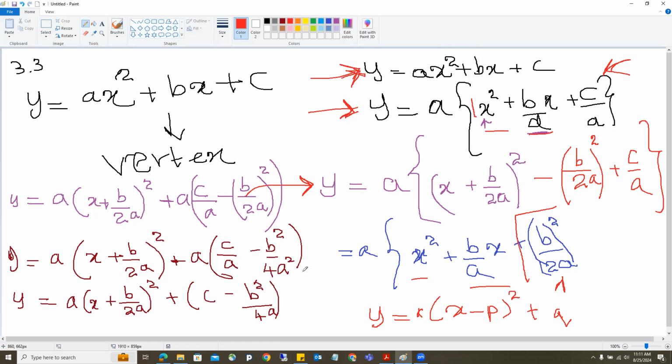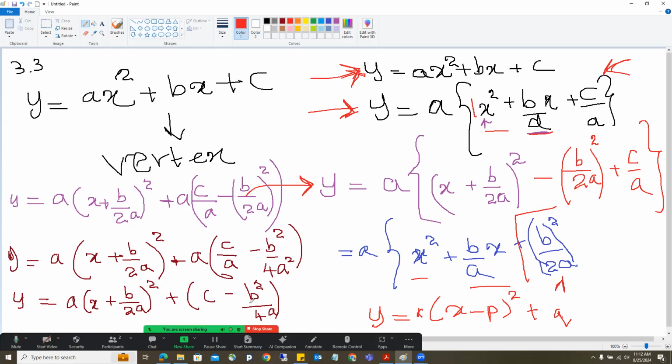If you are clear with these steps, no problem, this entire section is covered. So you have to start with the standard form and then convert that standard form into this vertex form by yourself. Okay, start.